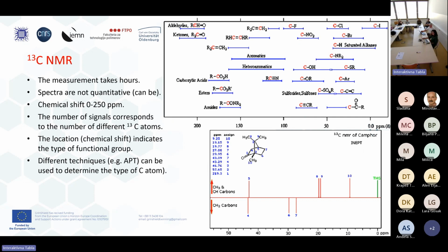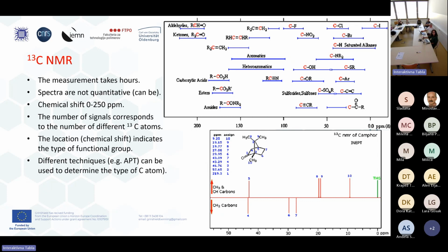Carbon-13 spectra, the measurement takes hours. Sometimes we measure also over the weekend, so for 2 days or so to obtain a good spectrum. Spectra are not quantitative, but we can also measure them in a quantitative way.